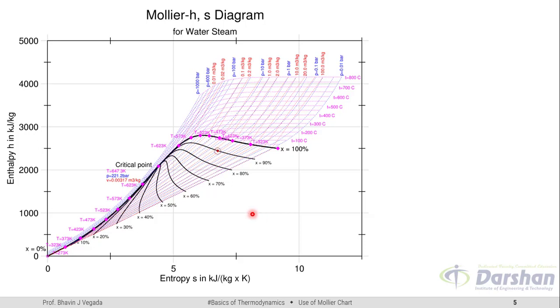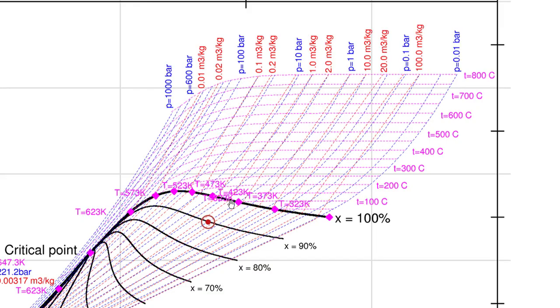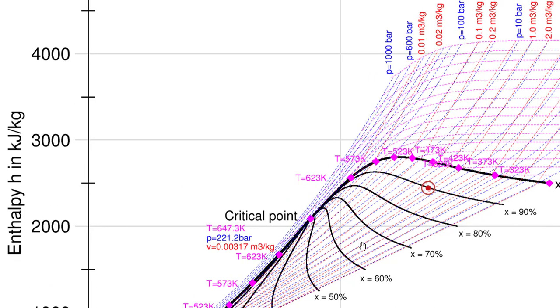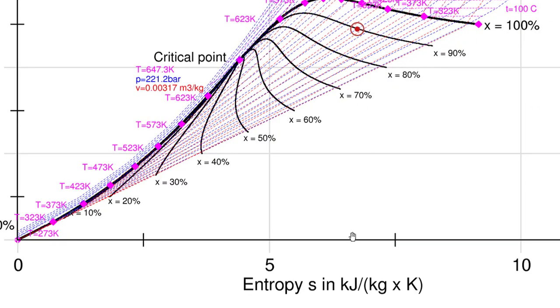Let us say at a point of pressure 1 bar and dryness fraction 0.9, we can mark a point like this. At this point, we can find out all the other properties like enthalpy on the y-axis, entropy on the x-axis, specific volume, etc.